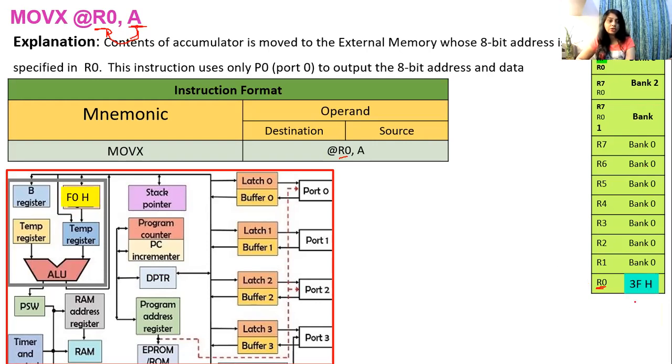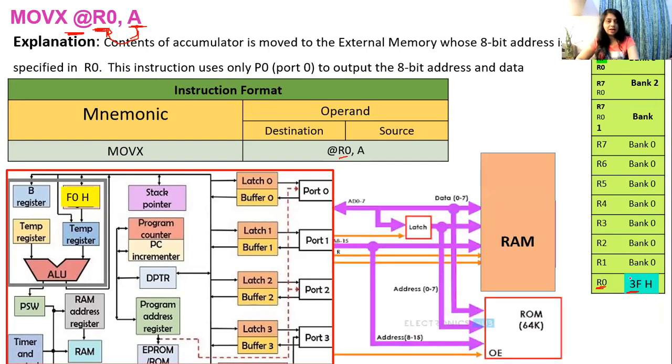Now assume that R0 holds 3F. So what is this 3F for this instruction? 3F is an address because the @ sign is there. The @ sign indicates that this R0 register holds an address. Let's assume that there is a RAM whose address is 3F. What this instruction does is transfer the contents of the accumulator to the RAM whose address is 3F. Now, since the address is stored in the R0 register, the address is only 8 bits and not 16 bits.